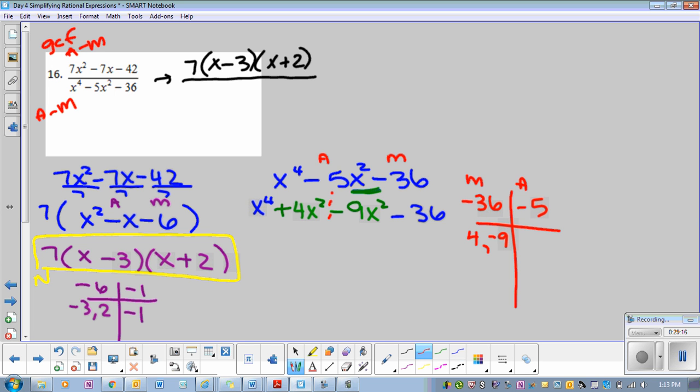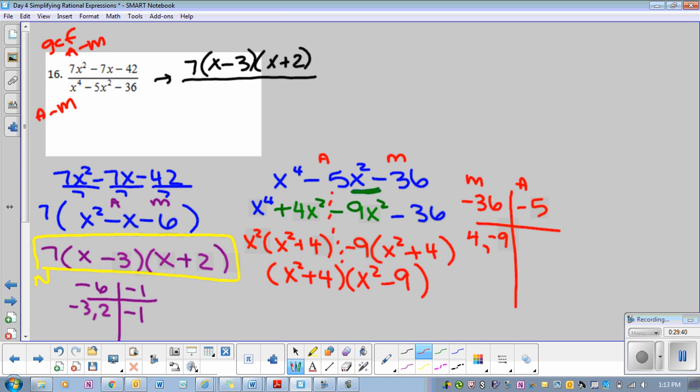And then divide this in half. x squared and x squared plus 4, -9, x squared plus 4. So then you have x squared plus 4 times x squared minus 9.